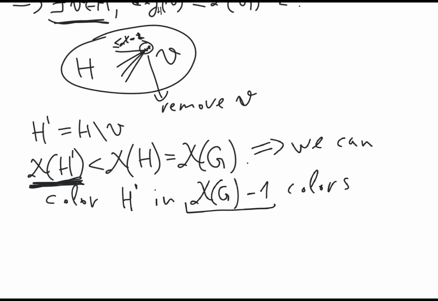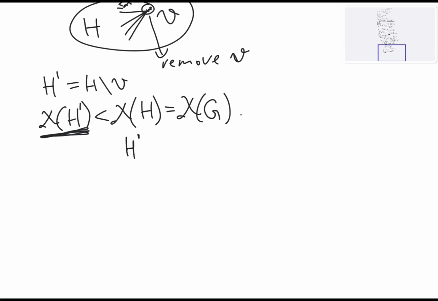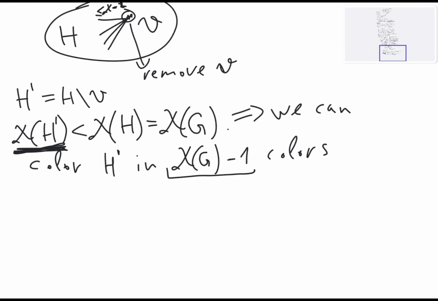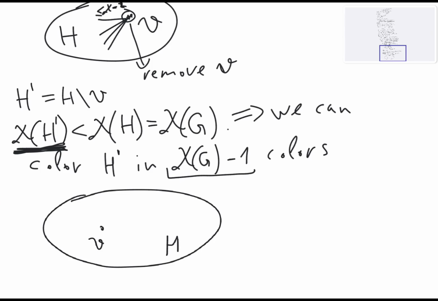Therefore, when we add back this vertex v, in H it has no more than chi of G minus 2 neighbors.